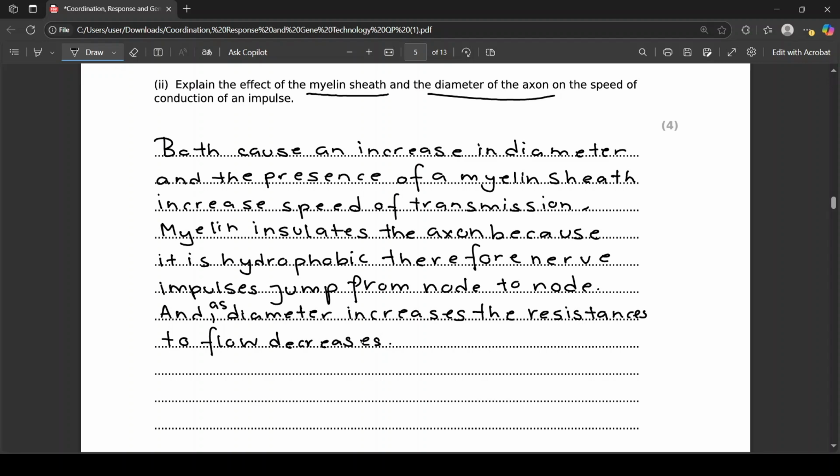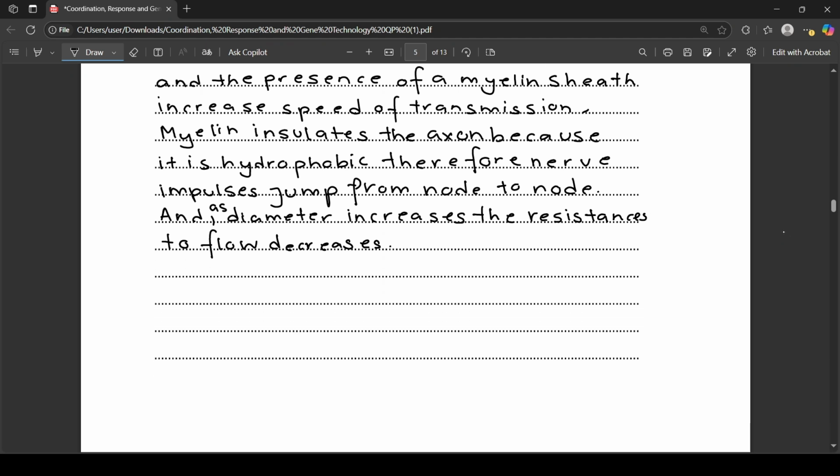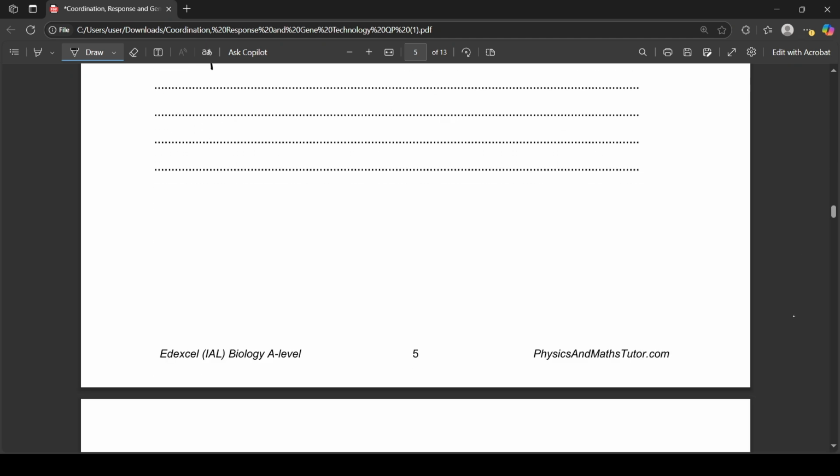Okay, this allows the action potential to travel faster along the axon. And also remember an additional point: a larger diameter means the axon can carry a stronger electrical current. Okay, so simple. Remember these points, and if you face another question like this in the exam, you'll be good to go. Now let's move on to the next question.